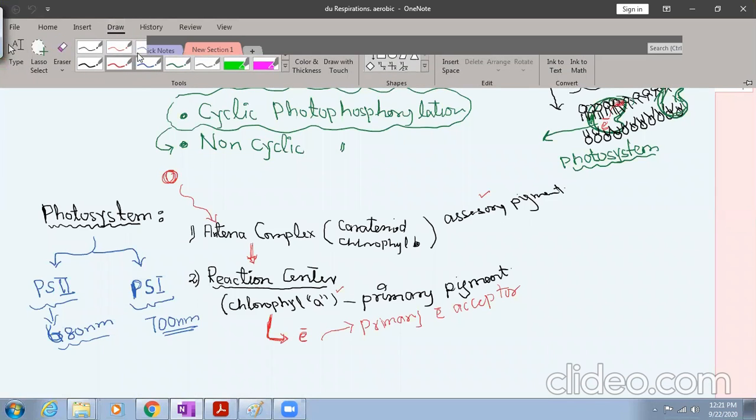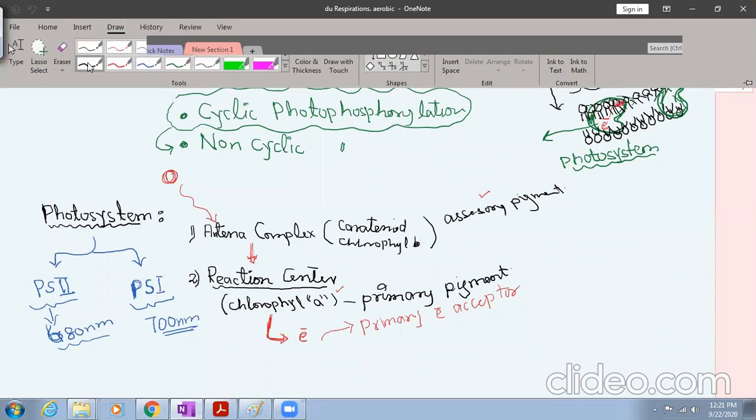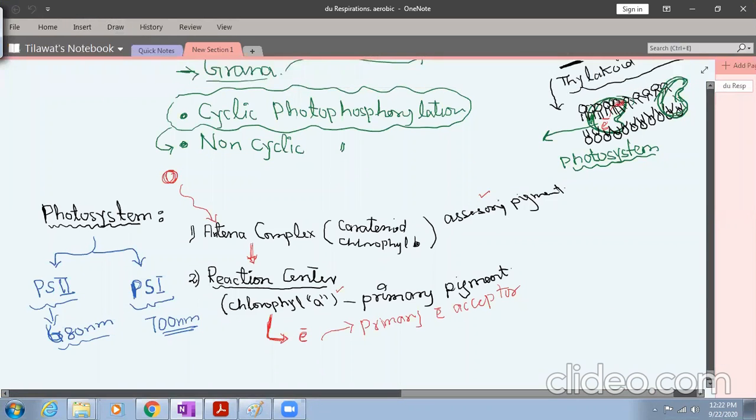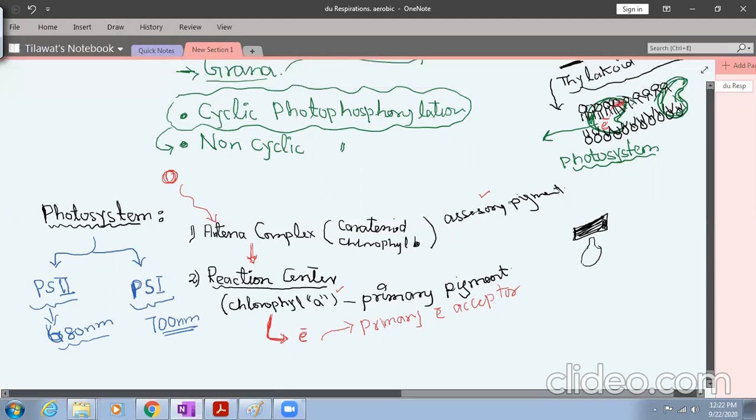Let's suppose this part is the antenna complex, which contains accessory pigment, while this part is the reaction center.